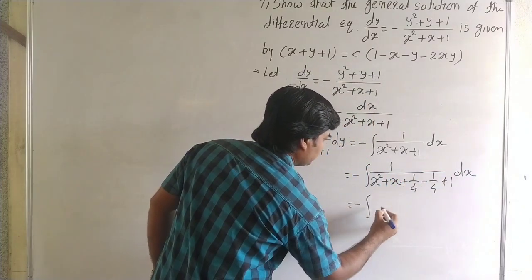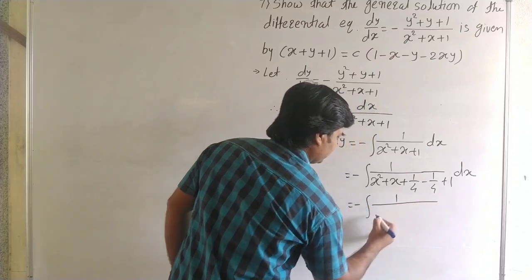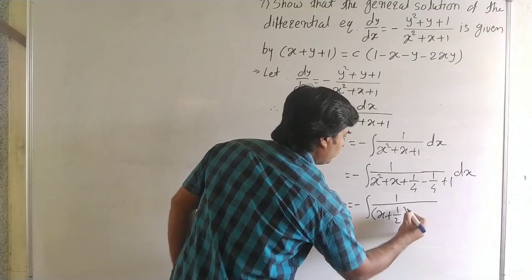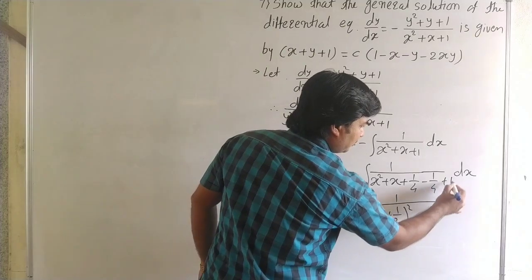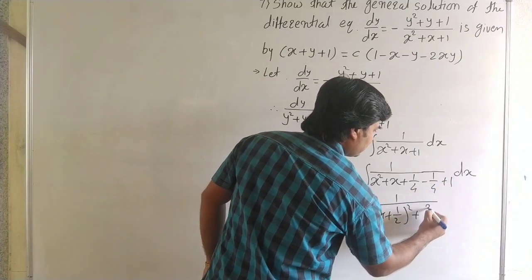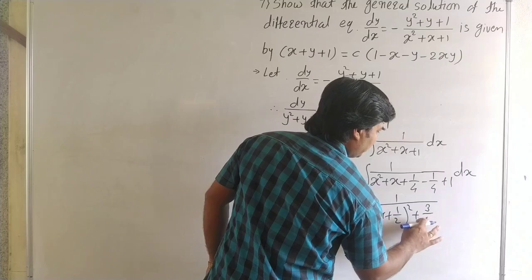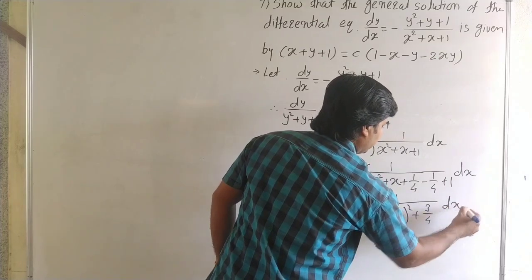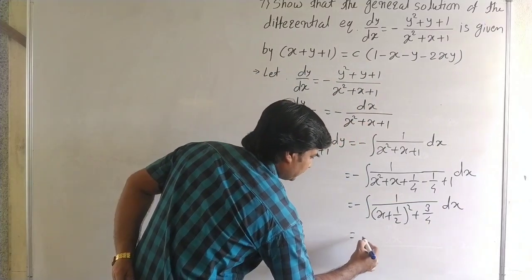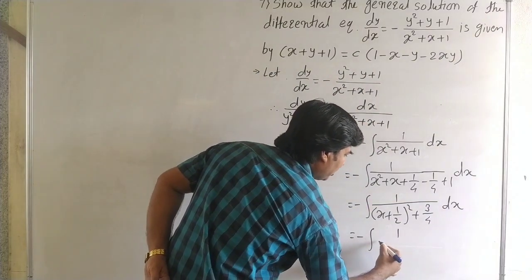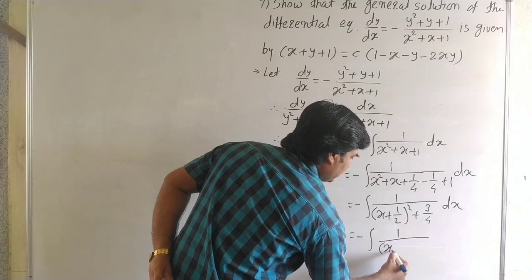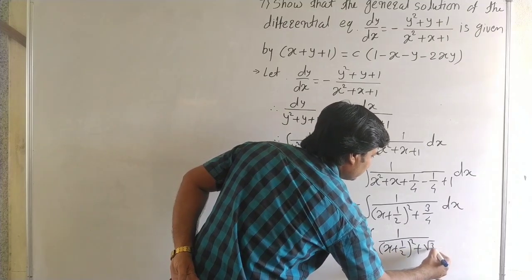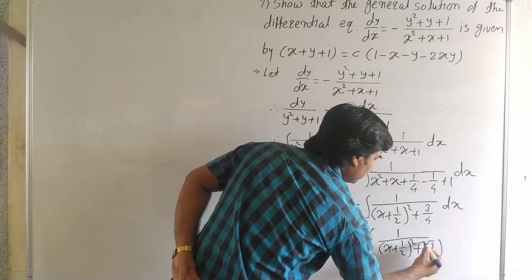Then 1 upon x plus 1 by 2 whole square plus 3 by 4, dx. Okay, and now it is minus integral of 1 upon x plus 1 by 2 whole square plus under root 3 by 2 square, dx.